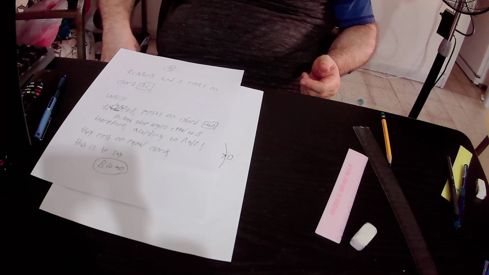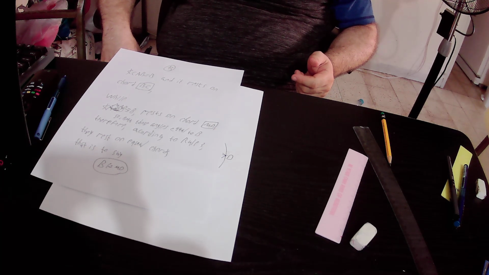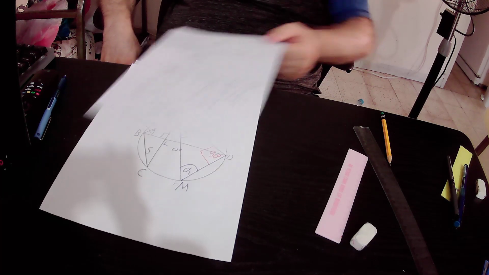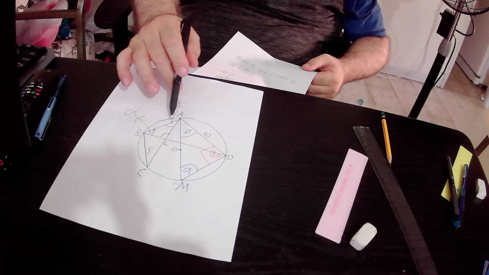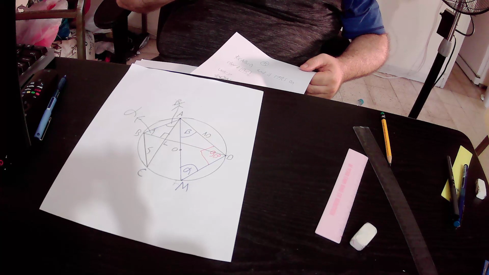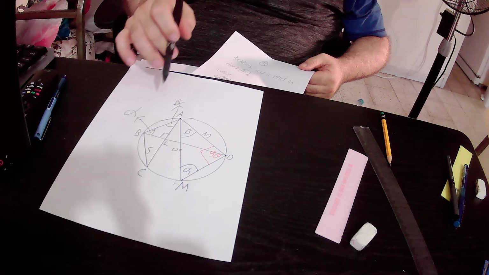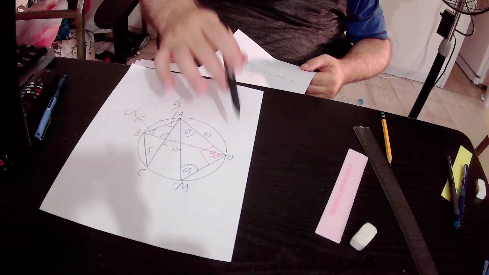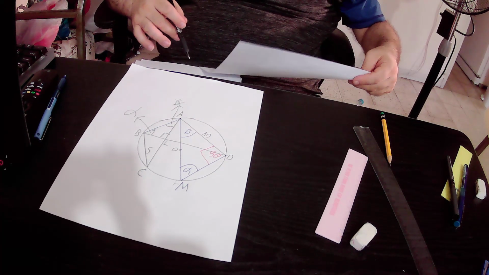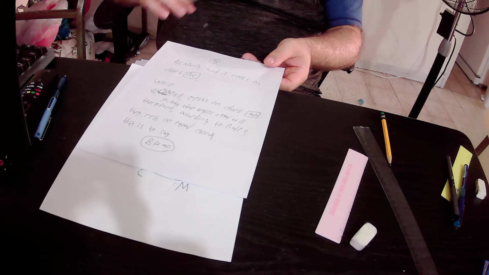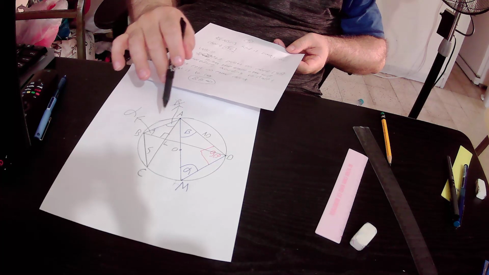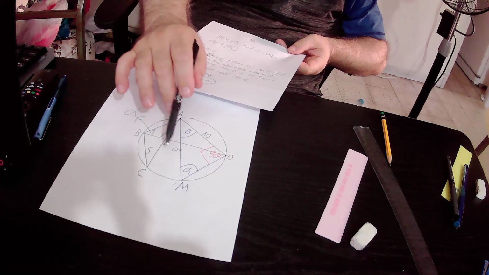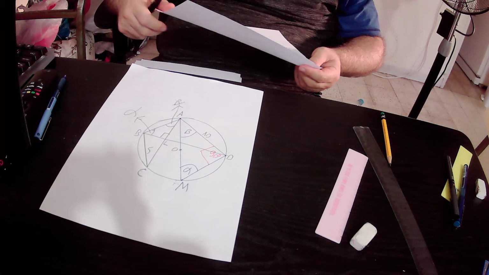Therefore, according to rule number 3, they rest on equal chords. That is to say, BC equals MD. Because those two angles are equal to each other, therefore, according to rule number 3, they rest on equal chords. That is to say, BC equals MD. Okay?